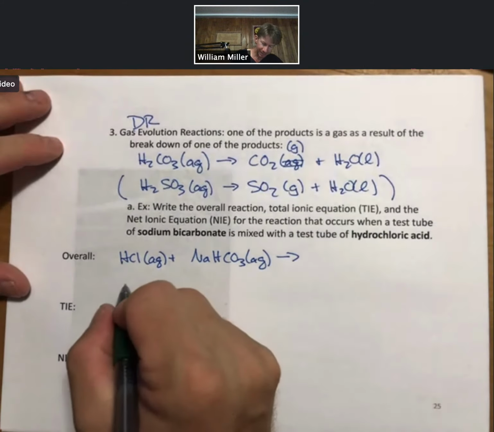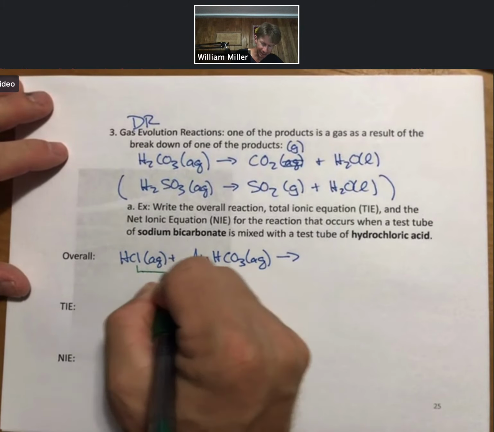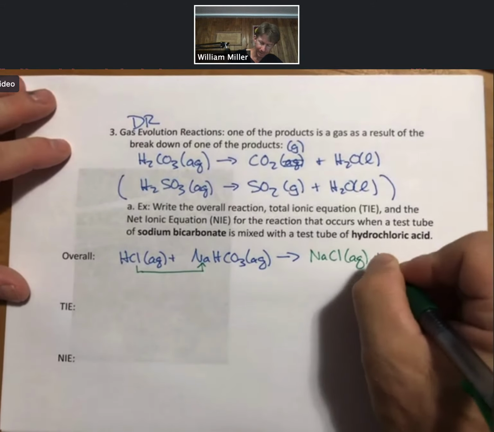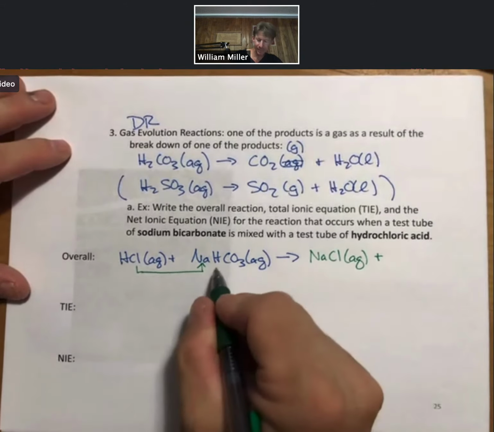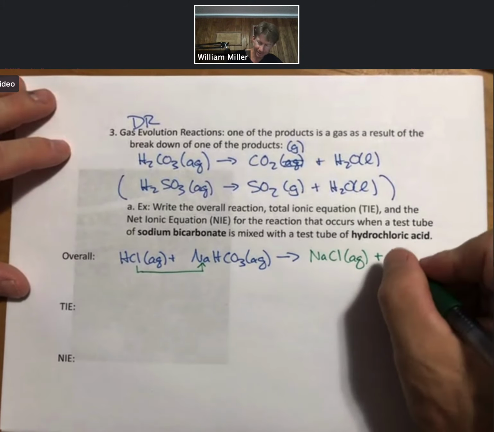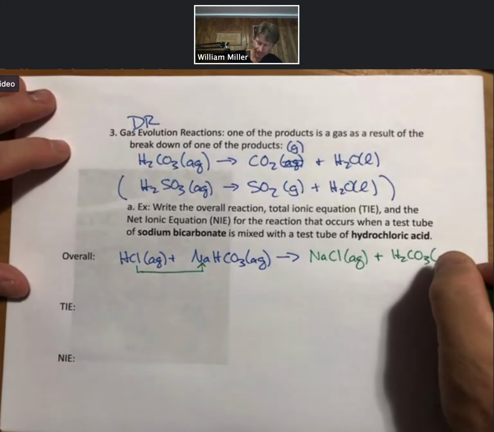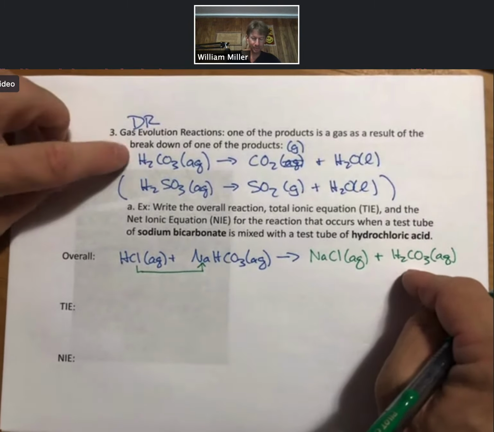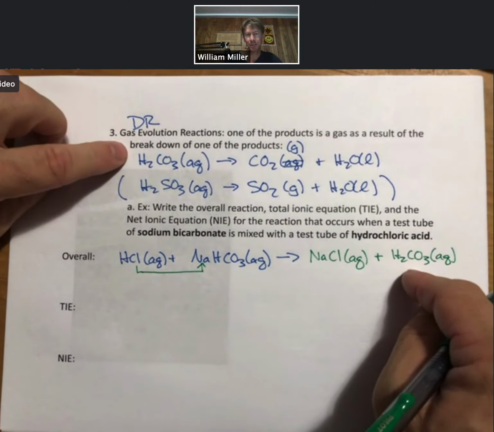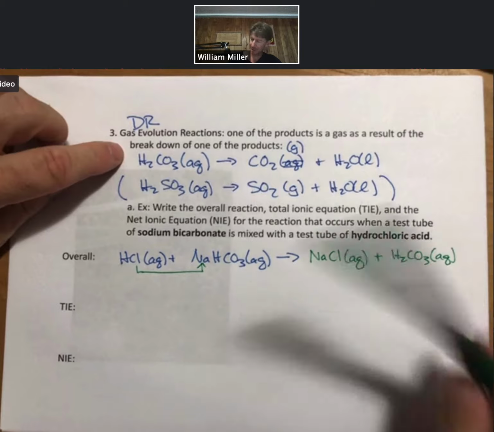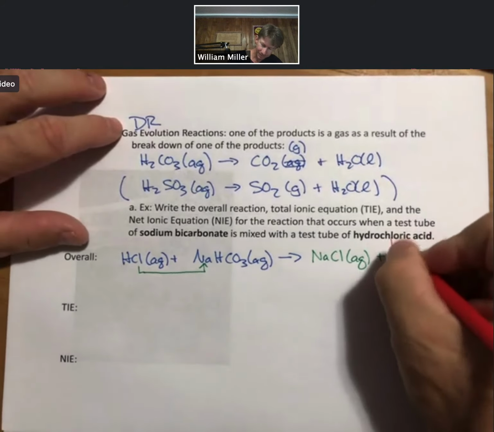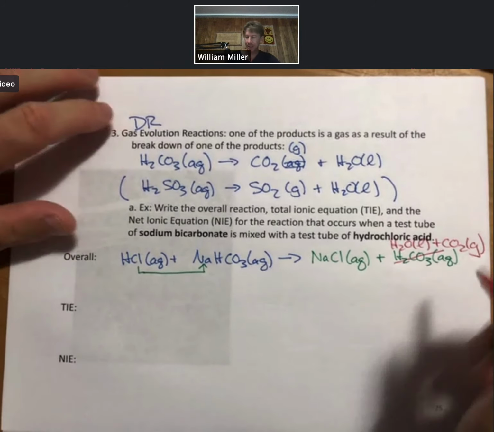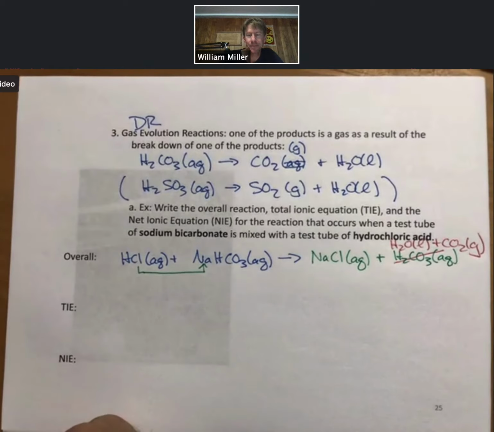Switch partners, this time we have the Cl and the Na to make sodium chloride, and H plus and HCO3 minus. That is a weak acid. Ding, we remember because we just talked about it, that this has to be replaced. And I'm going to write them the other way, I don't know why, by H2O plus carbon dioxide.